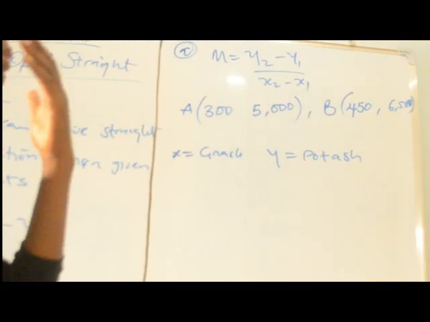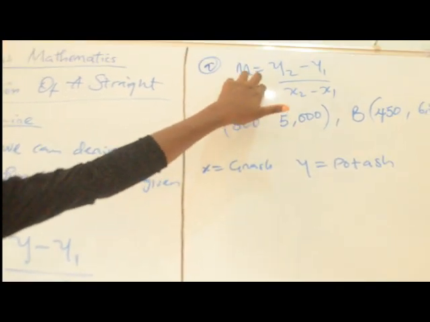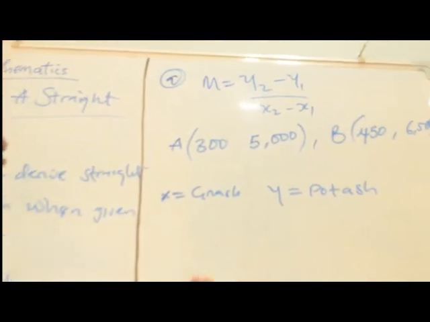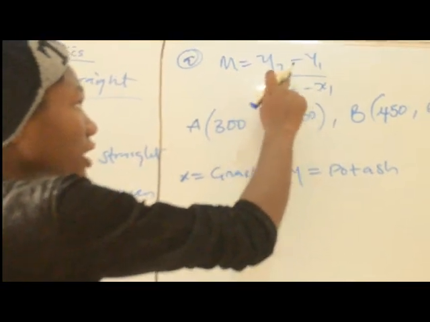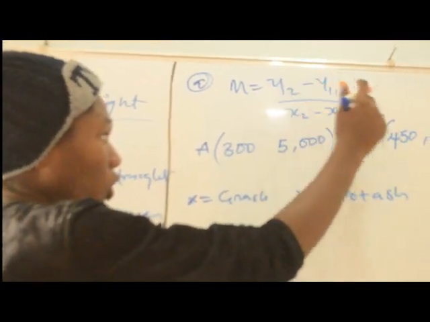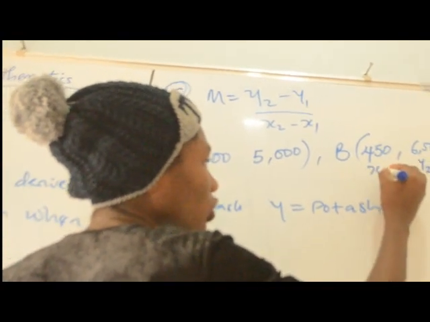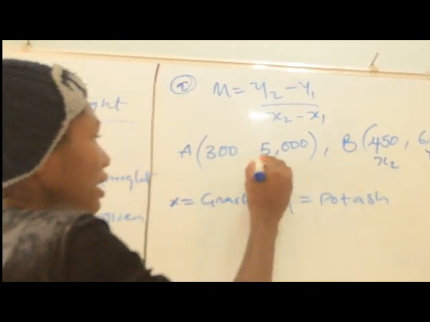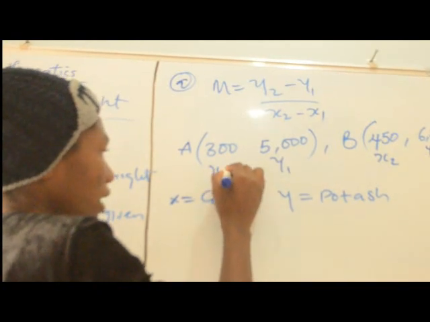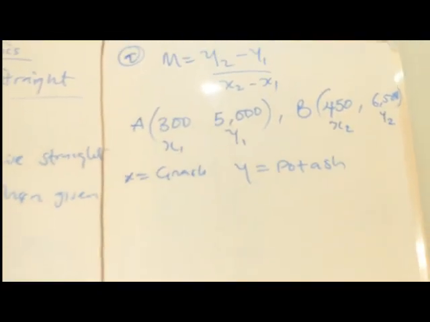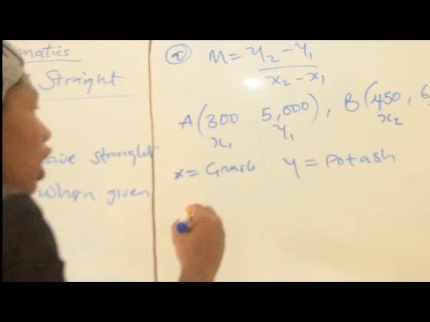So we are asked to determine the gradient. This is how we determine the gradient. Like I've written, y2 minus y1. This is our y2. Let's label quickly. This is our x2 because of the second. This is our y1 and this is our x1 because of the first. So let's substitute and get our gradient.